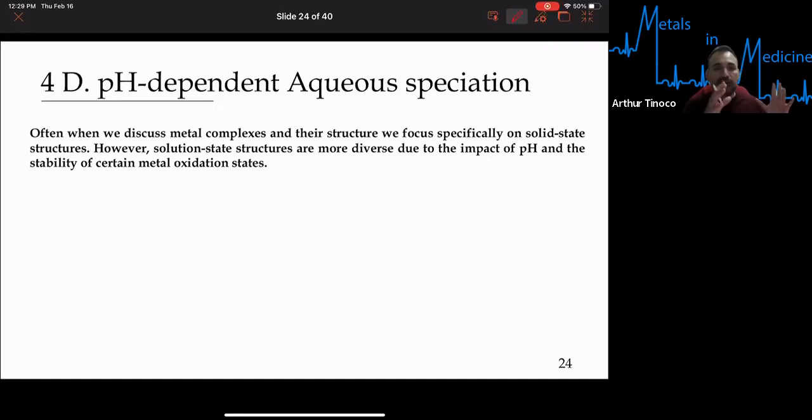But when you take that same compound that can form something really stable in solid form and put it into solution, you can have a number of different species that might form, and that can be impacted by the interaction of solvent with the metal center. I've already discussed this idea of solvent playing a role with ligating metals, but also pH has an important contribution. And there is a contribution of the oxidation state of the metal itself, as we know, as that can dictate the hardness or softness of the metal.